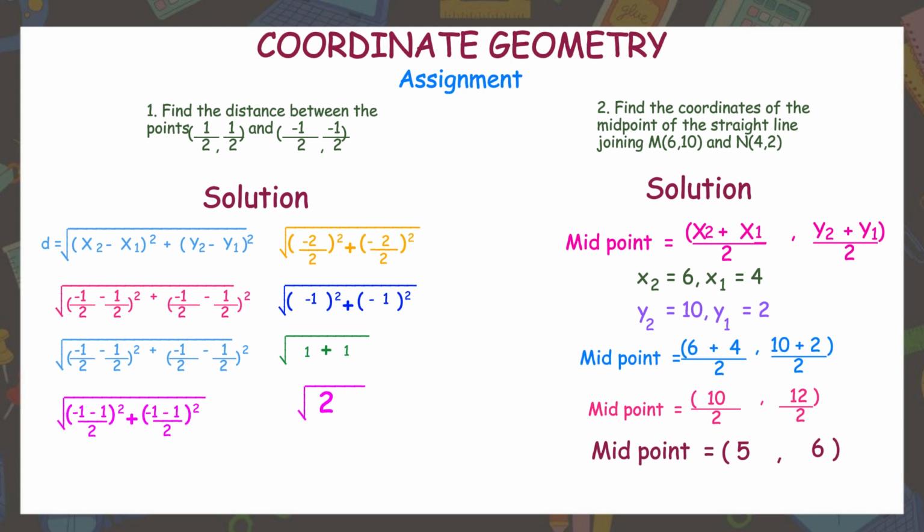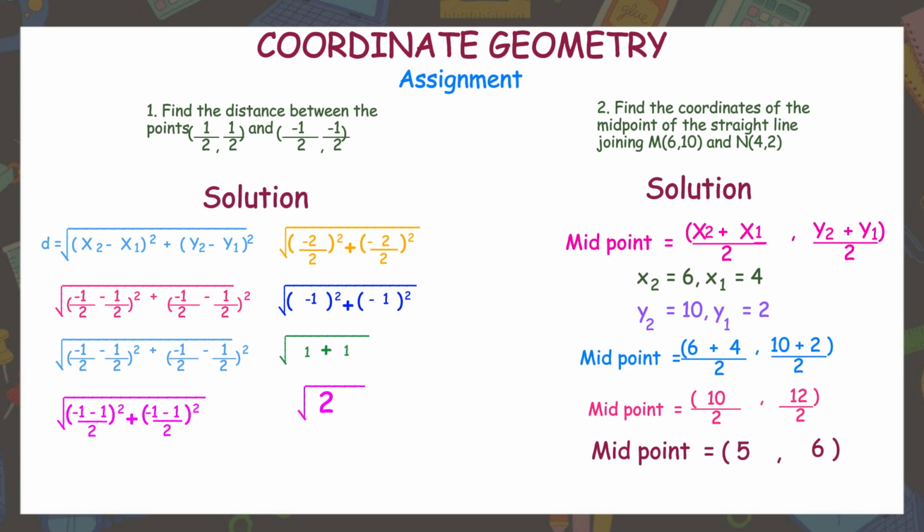So that means we are going to have, what is our x2? We come to this place, that is 4, plus, let's use our open bracket, the x1 is 6, everything over 2, then here, what is our y2? We have it as 2, plus our y1 is 10, everything over 2.